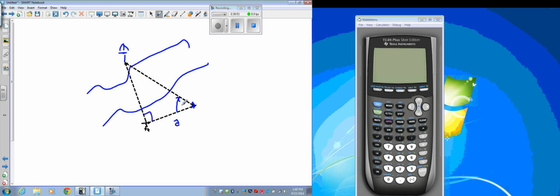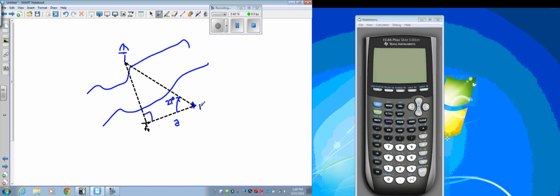And if this angle happened to be 27 degrees, and you're trying to figure out what the distance was across here, then what relationship are you going to use? Opposite over adjacent, right? Tangent of that angle.